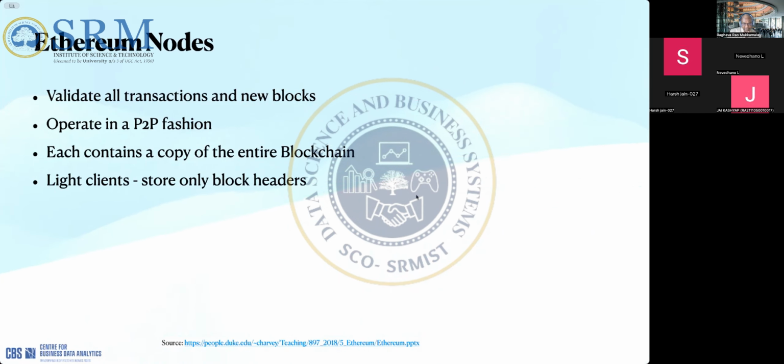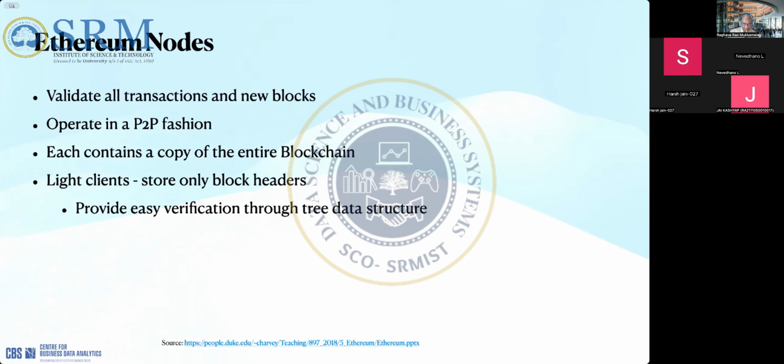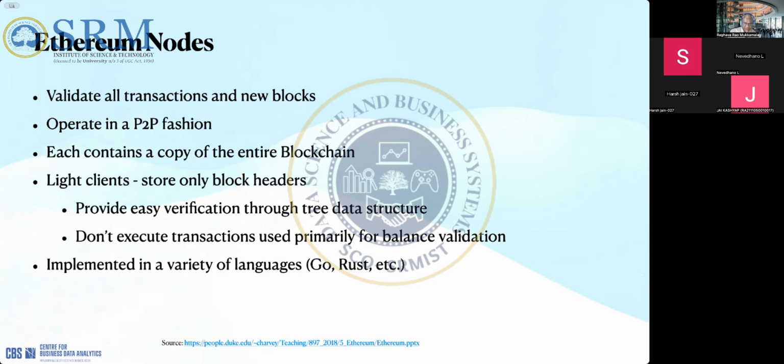And they operate in a peer-to-peer fashion, and each node contains a copy of the entire blockchain. You can also have light clients. That means if the node is not validating and creating blocks, then it doesn't need to have the entire blockchain.